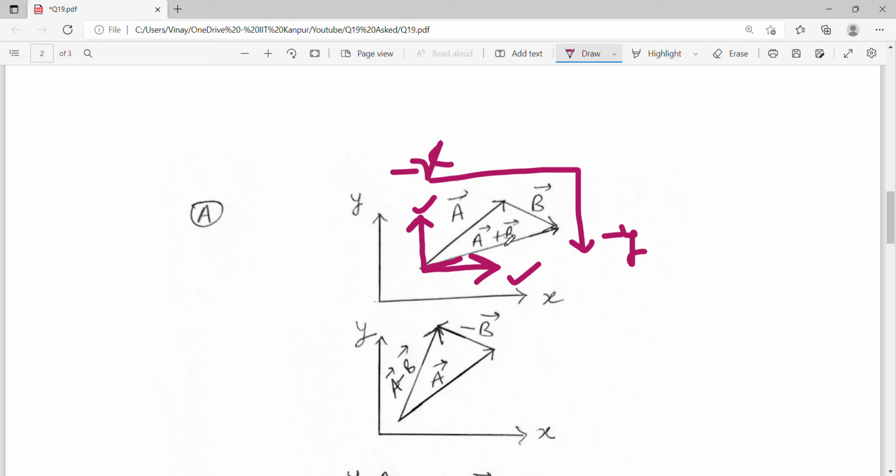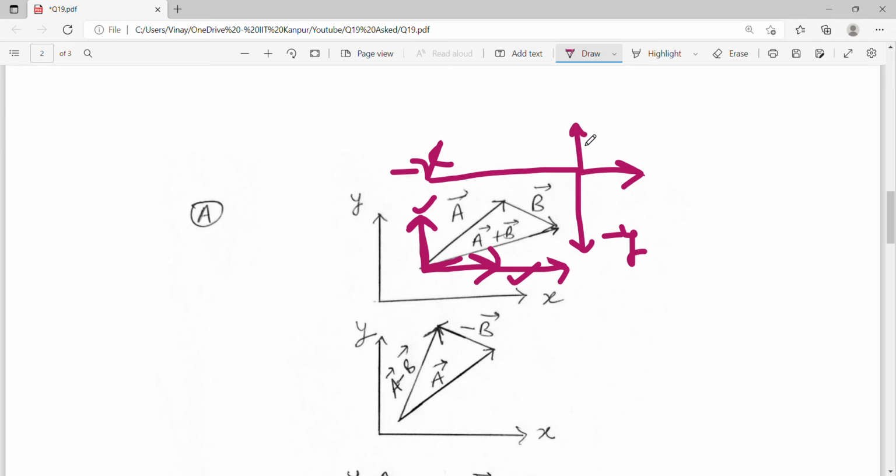So now tell me, if A plus B vector is this, its horizontal component is going to be in what direction? This, and vertical component this. They are not going to change, right? Now tell me one thing, X component of A plus B vector is what? Plus X direction, right? And vertical component is in plus Y direction, right?